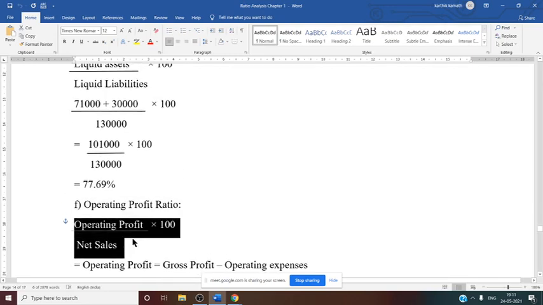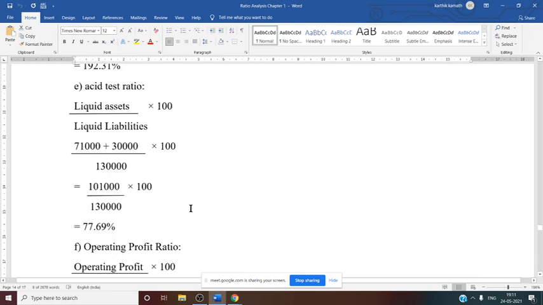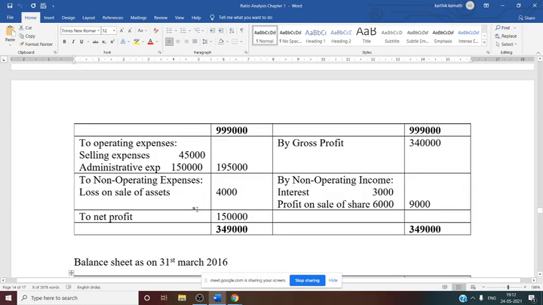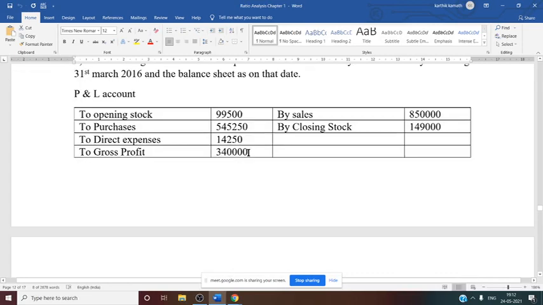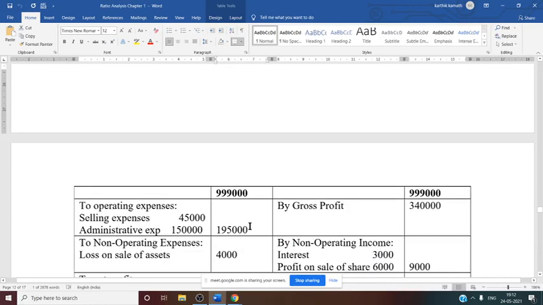So how to get the operating profit? There is one more formula you can use to calculate operating profit, that is gross profit minus operating expenses. In the P&L account, gross profit information is available: 3,40,000, minus operating expenses. Immediately after the gross profit, the operating expenses are given, that is 1,95,000.